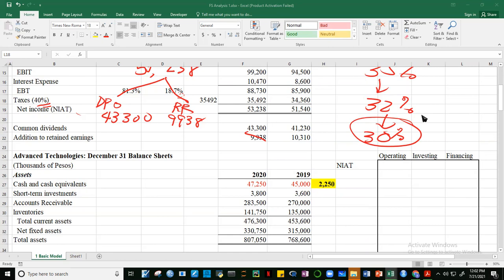So it will be under operating. Sophia, thank you. Okay, so let's copy, guys. Let's link it to the net income after tax of 2020. Okay, that's why you need, guys, the income statement for 2020. Kasi doon natin kukunin yung net income after tax na ipapasok natin sa operating. Pero my question is this, yung net income after tax ba na 53 million, is this equivalent to cash?